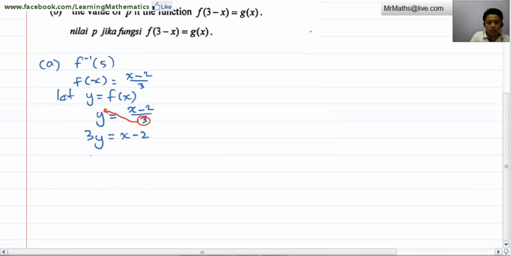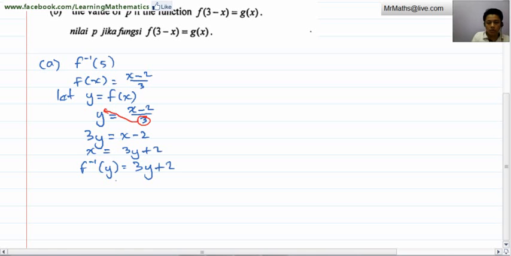And then we want to leave x on the left hand side and nothing else. Okay, then x is equal to 3y plus 2. This is the inverse function. Then this makes the inverse function, I put y here first, equal to 3y plus 2.